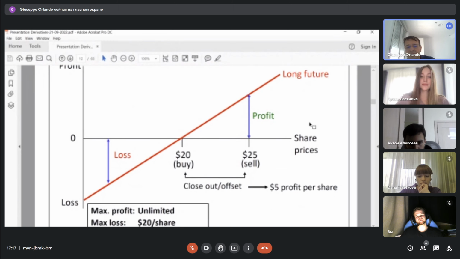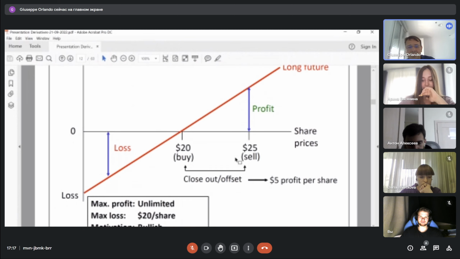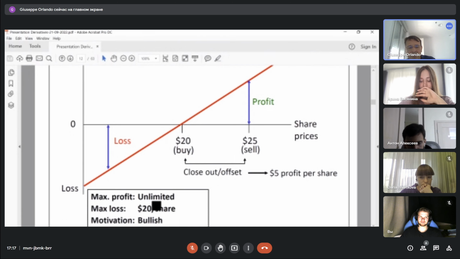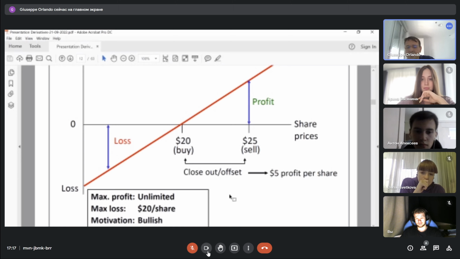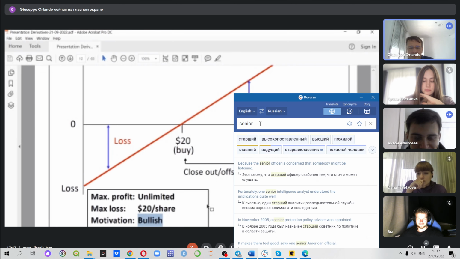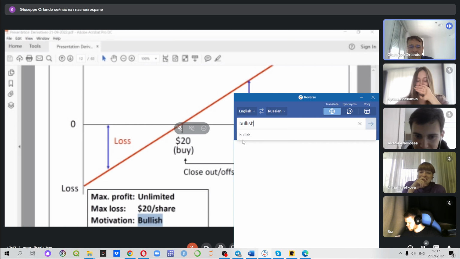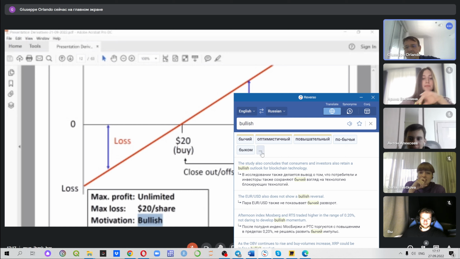So what happens? Let's say that you are bullish. Do you know the meaning of bullish? It's an adjective from bull. Correct. Bullish means that you are positive about the future performance of the market.